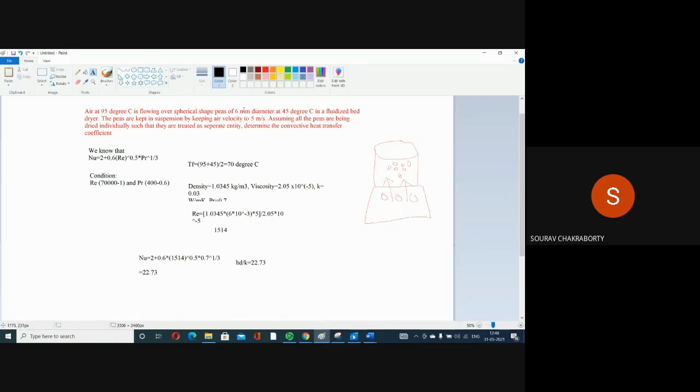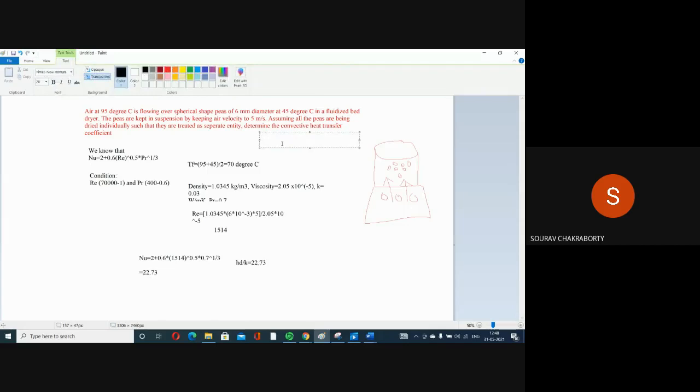D is the diameter of the piece, that is 6 mm. And then k is given. K is thermal conductivity, and it will be 0.03.